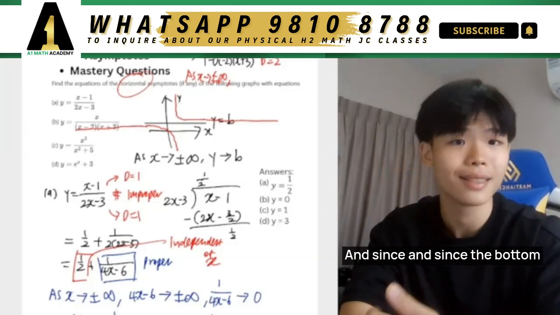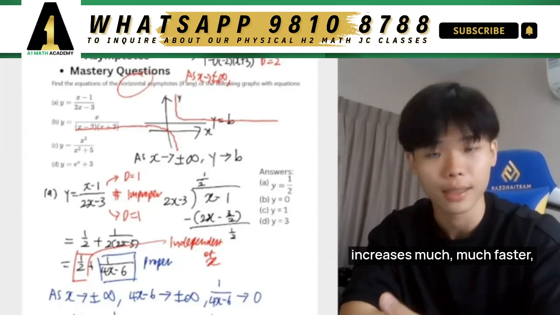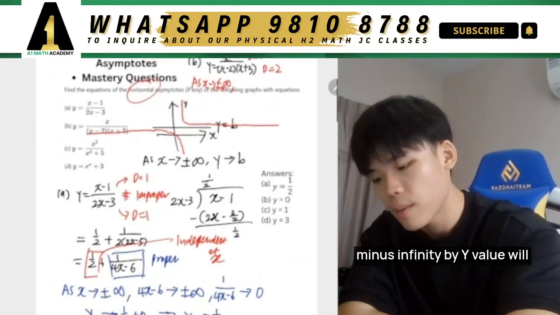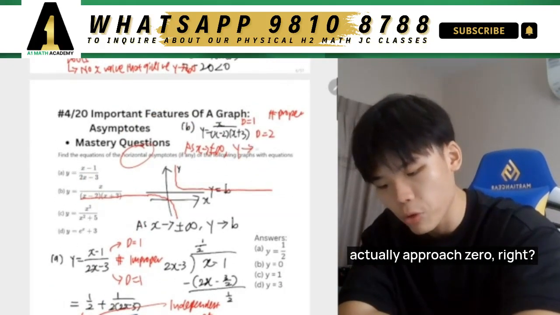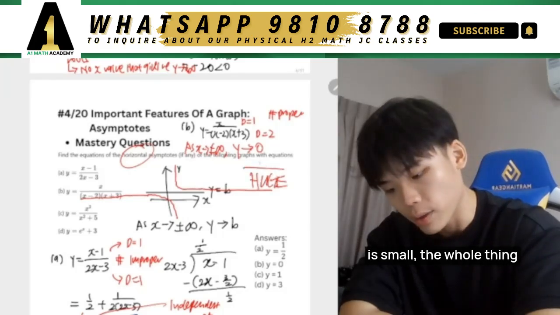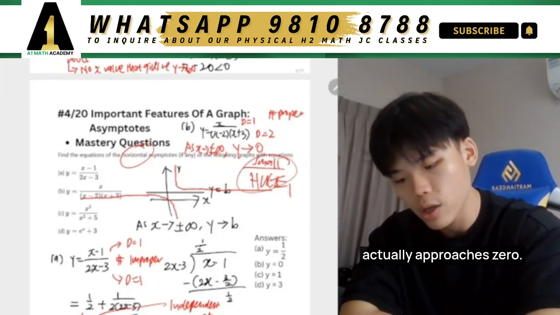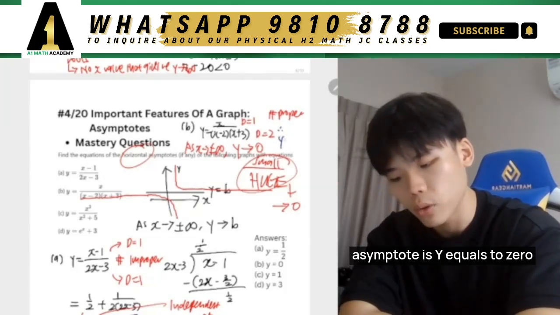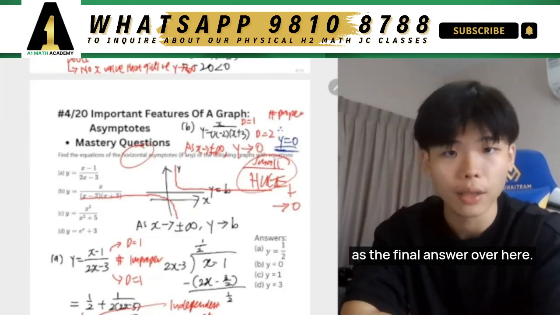Therefore, overall, when x approaches plus minus infinity, my y value will approach 0, because when the bottom is huge and the top is small, the whole thing approaches 0. So the horizontal asymptote is y equals 0 as the final answer.